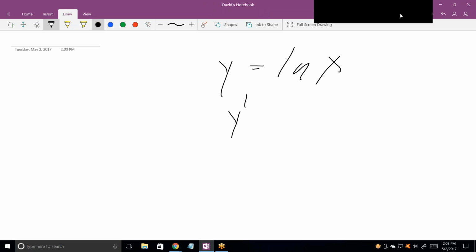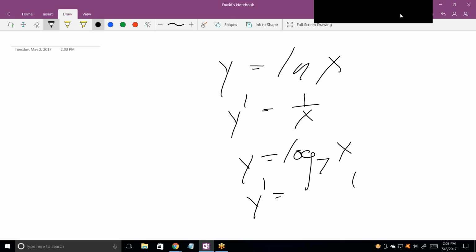Well, y prime here is 1 over x, and that's one of the most standard things you can learn in calculus. But if y is the log of something other than e, then y prime is 1 over natural log of 7 times x.